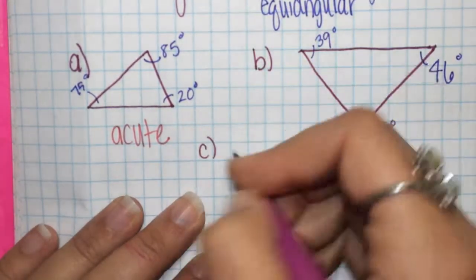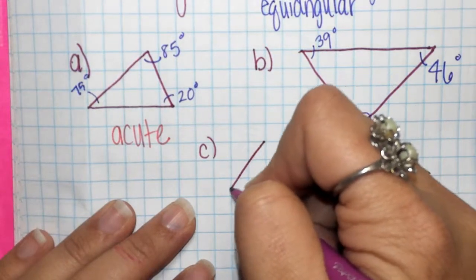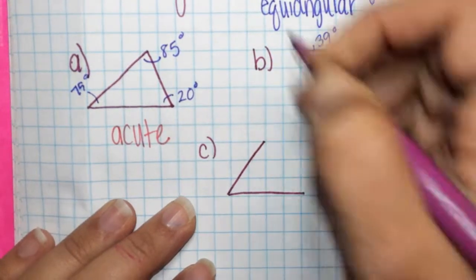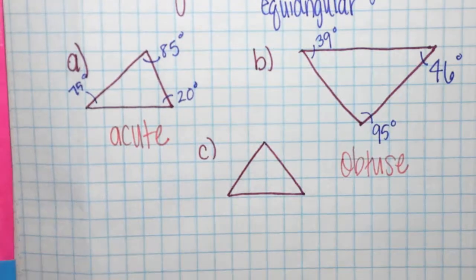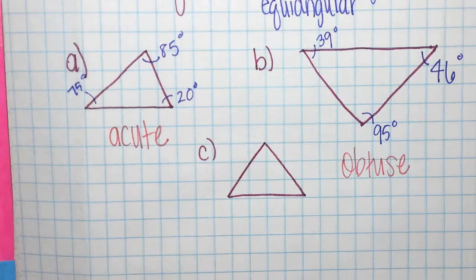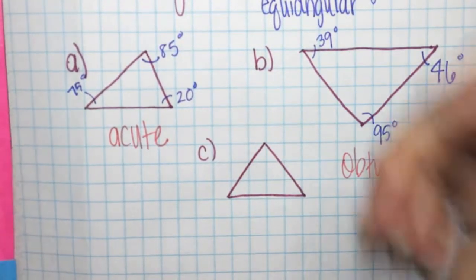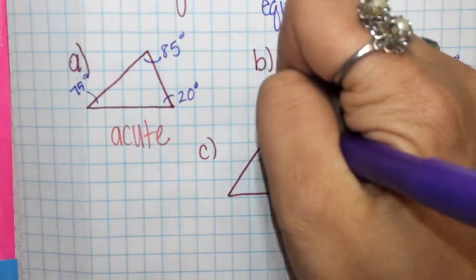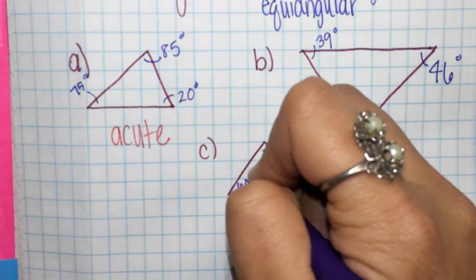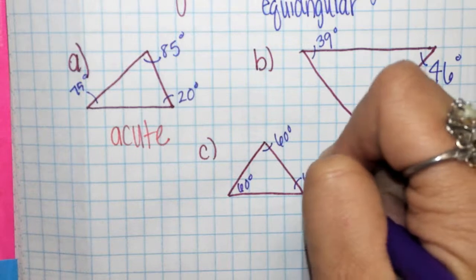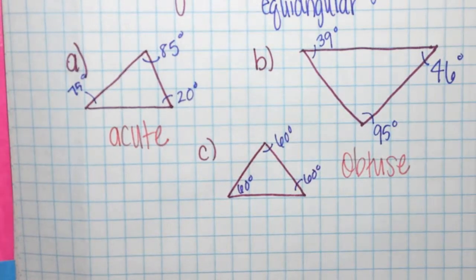And last one like this. This one's going to be fancy, like they showed you. That is a right triangle.